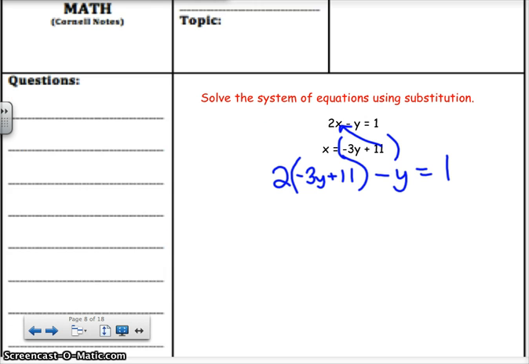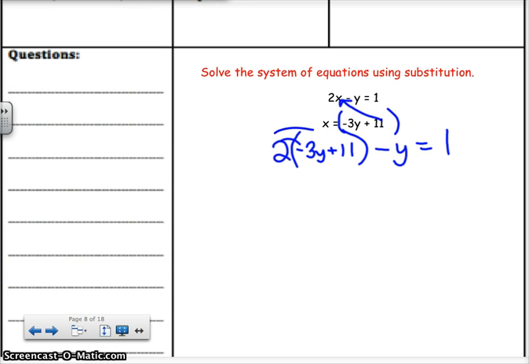Okay, now I'm going to solve. So I'm going to distribute. This is really a negative y. Now I'm going to combine like terms. Negative 6 plus another negative 1 is negative 7y.